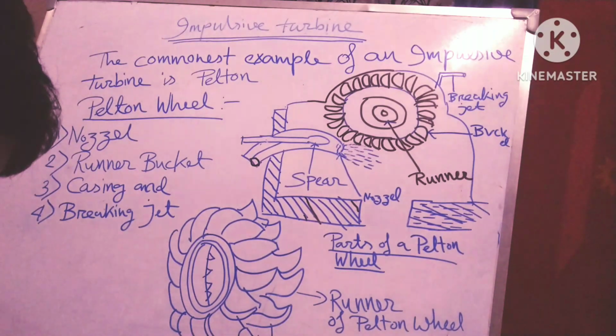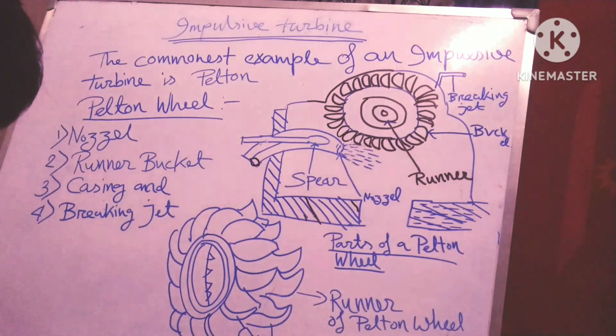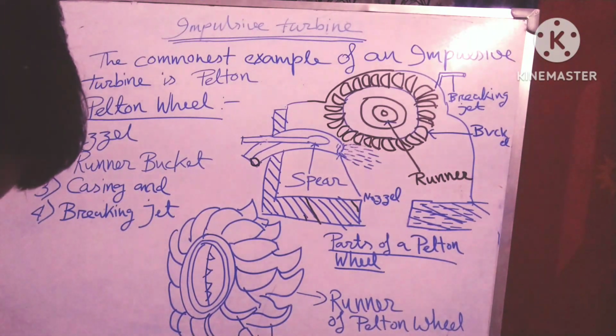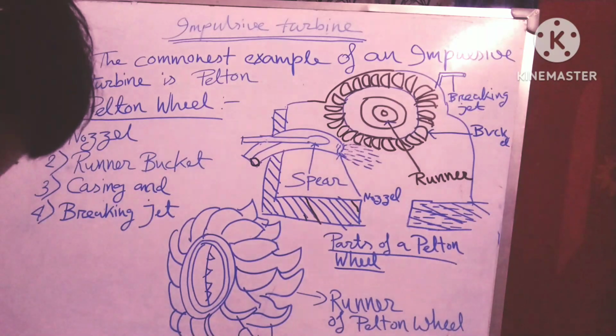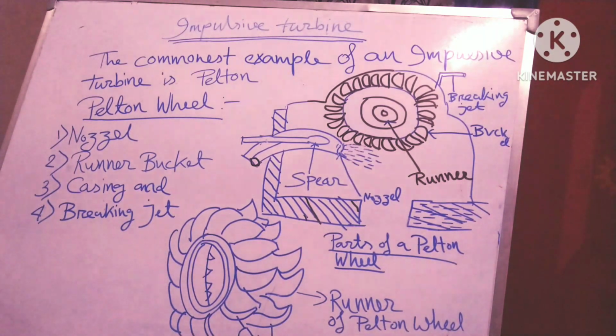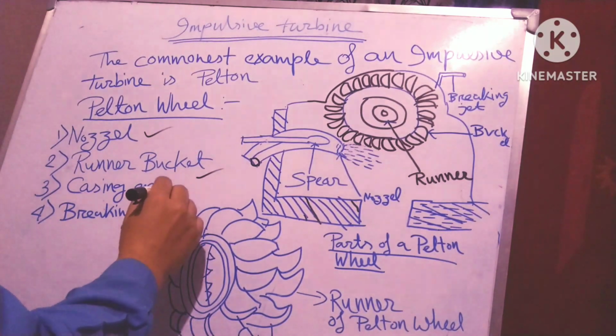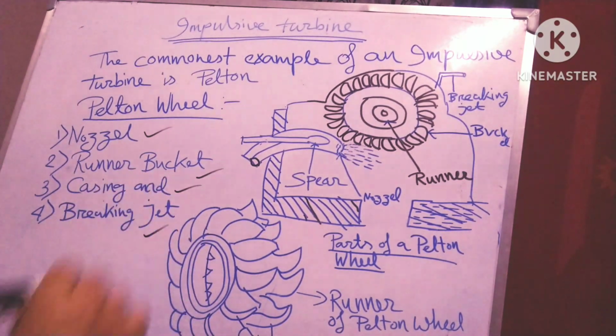So the Pelton wheel is an impulse turbine used for high heads of water. It has the following main components: nozzle, runner and buckets, casing, and braking jet.